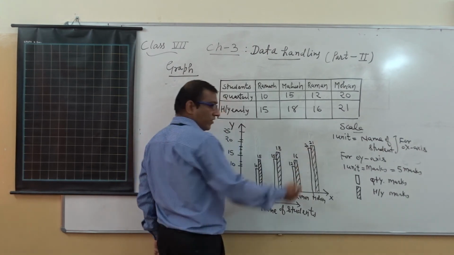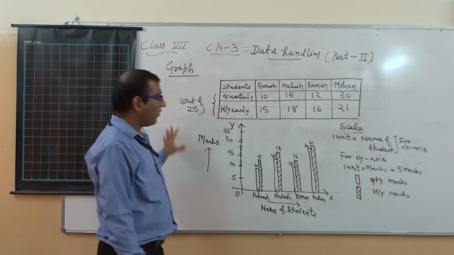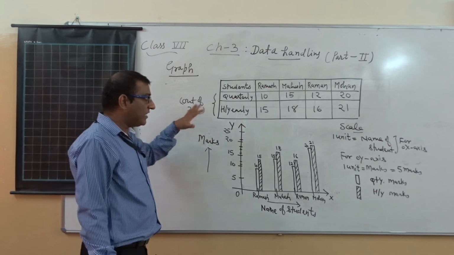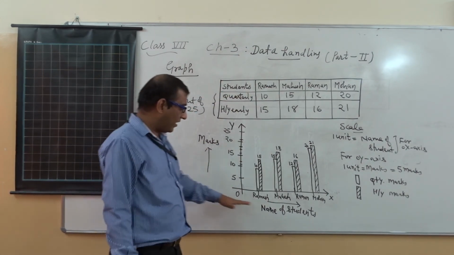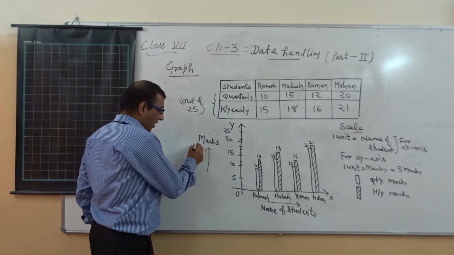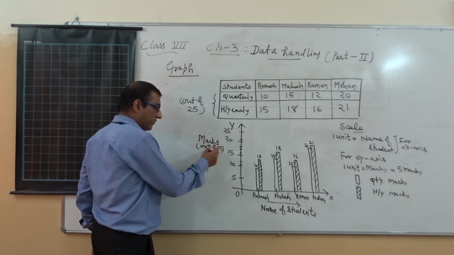And 20 to 21, again a little bit of improvement, but yes, it is improvement. So with the help of a double bar graph, we will easily compare their marks. And this is the bar graph related with name of students and their marks out of 25. If you want to write here, no problem, out of 25.